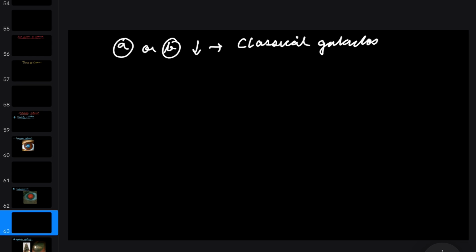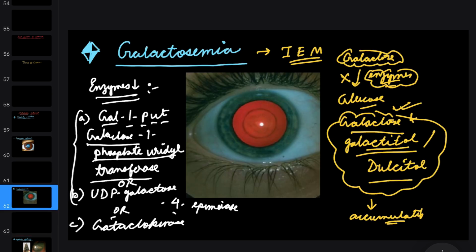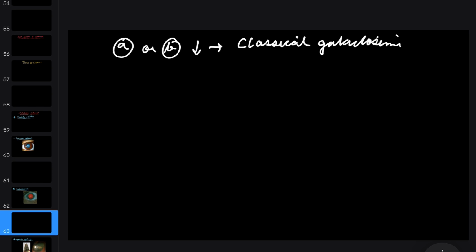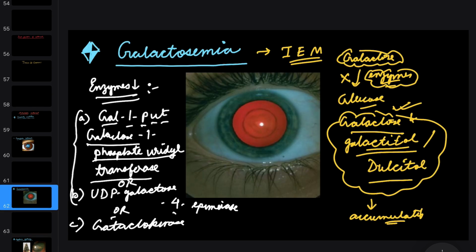This means that galactosemia is not just a condition of the eye, right? Galactosemia is an overall condition, just like diabetes mellitus is not just a condition of the eye. Diabetes mellitus affects the entire body, and there are a host of problems that it causes. Just like that, galactosemia also affects a host of other systems within our body. We are only concentrating on the eye. Classical galactosemia is basically if A or B is deficient, A being this enzyme, B being this enzyme.